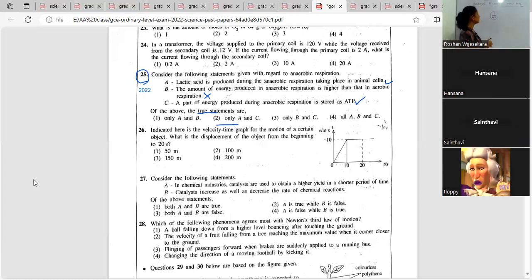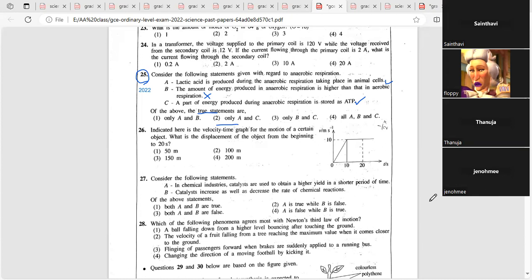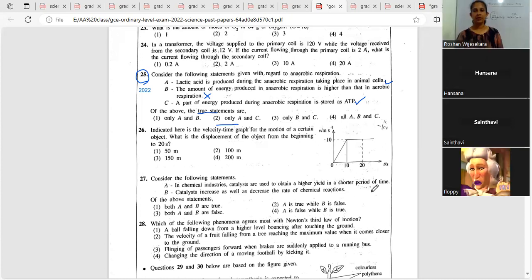We discussed 20 MCQ questions from 2016 to 2022 from past O-level question papers. Hansana got 18. That is a good mark. Only 2 questions wrong. What about the others?